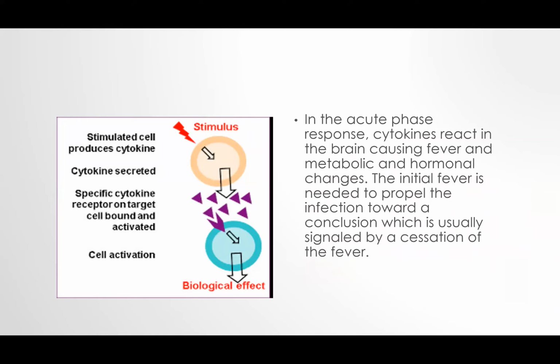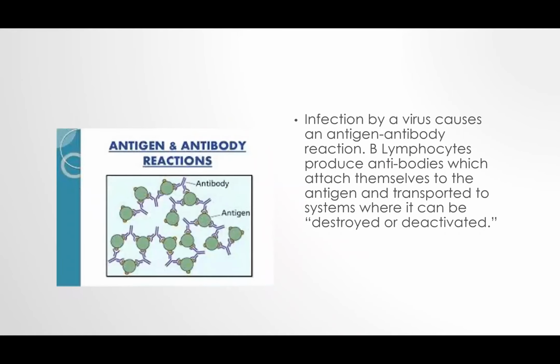The initial fever is needed to propel the infection toward a conclusion, which is usually signaled by a cessation of the fever. Infection by a virus causes an antigen-antibody reaction. B lymphocytes produce antibodies which attach themselves to the antigen and transport it to the systems where it can be destroyed or deactivated.